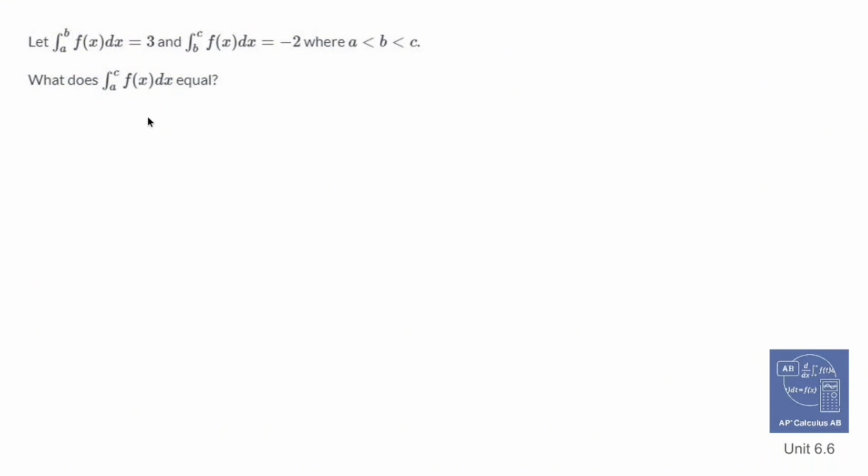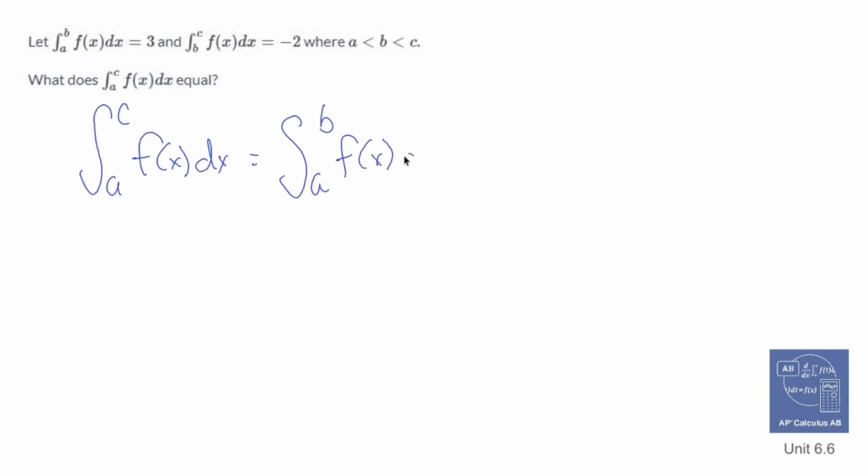Well, by definition, if your upper limit is c and your lower limit is a, common sense would tell us that the integral of f of x dx from a to c is going to be the same thing as from a to b, and also including b to c, which makes sense.